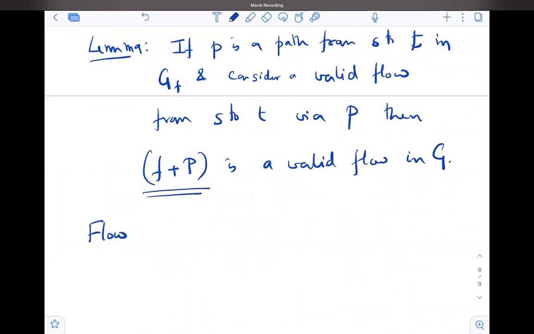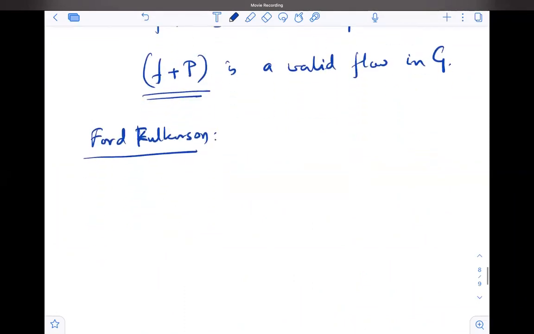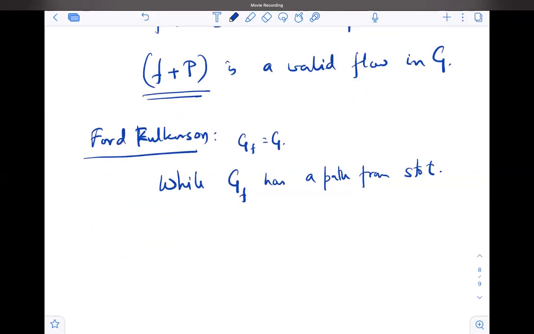this gives us the Ford-Fulkerson algorithm. So basically, you start with GF equal to G, while GF has a path from S to T, what do you do?